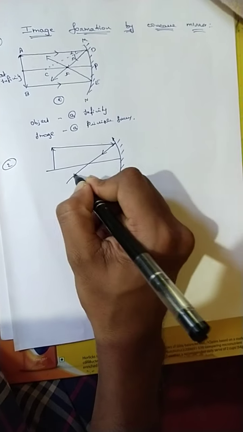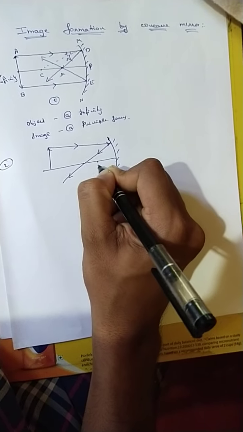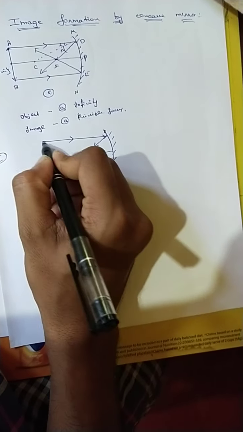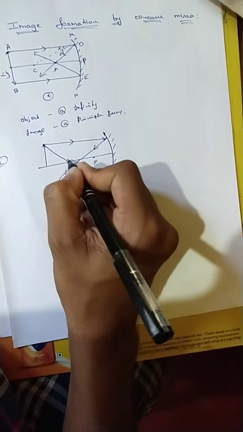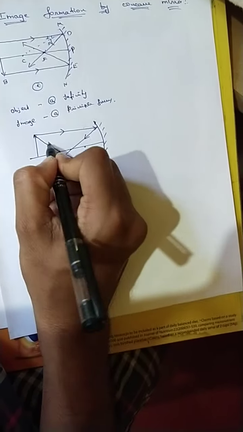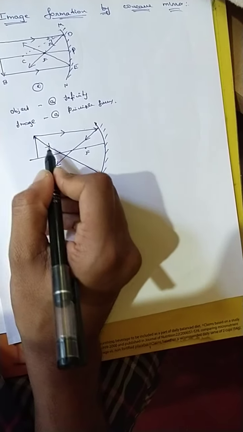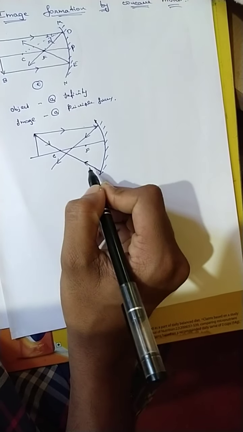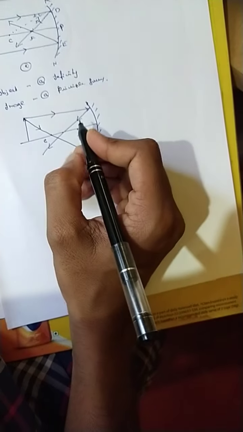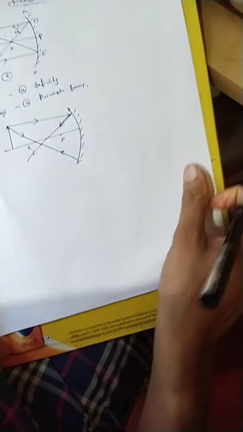It is a ray through the principal focus, and another ray passes through the center of curvature. Two rays are there: one ray is parallel to the principal axis, another ray passes through the center of curvature, and it returns along the same path. Both the rays, first ray and second ray, join at one point.